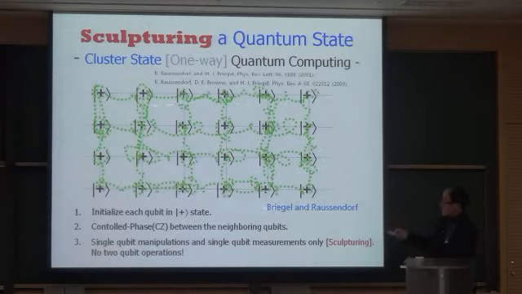Now you prepare this thing, and we call it a cluster state. Then you measure one by one, then quantum computing is done. So in the initial stage, you need two qubit gates. But afterwards, all you have to do is measurement of a single qubit.